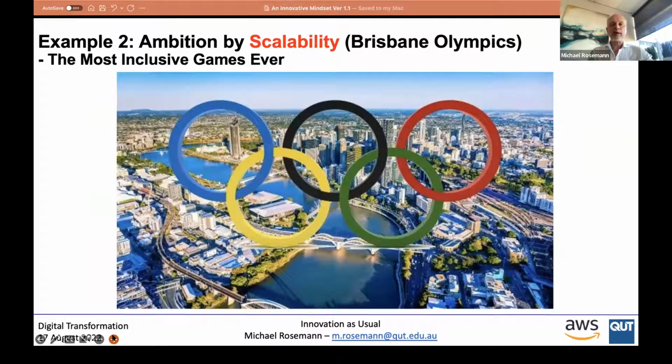Second, here in Brisbane, as most of you will know, we're the proud host of the Olympic Games in 10 years. The ambition that has now been articulated is we want to make Brisbane the most inclusive games ever. What does it mean? Well, maybe you swim 50 meters in any pool in the world on the day of the 50-meter freestyle competition.